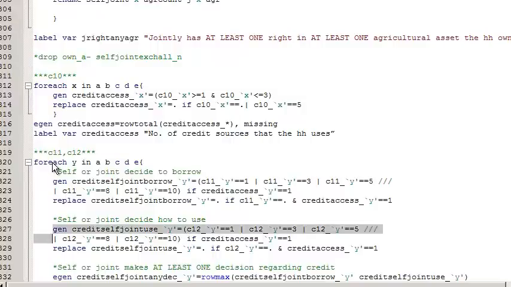We do the same for the decision of how to use the credit from that source. We create credit self-joint use, which is equal to 1 if the household has used the source of credit Y and the individual makes, at least jointly, the decisions about how to use credit from that source.